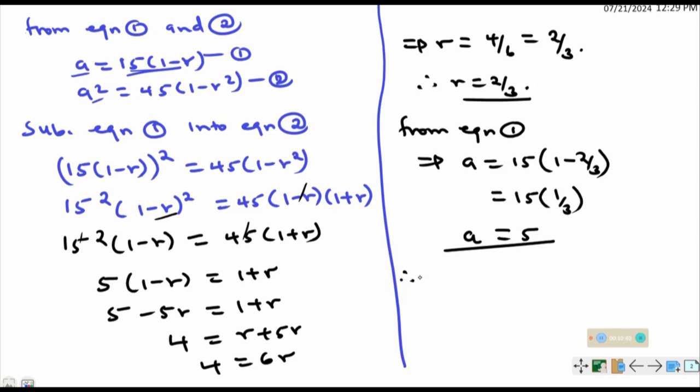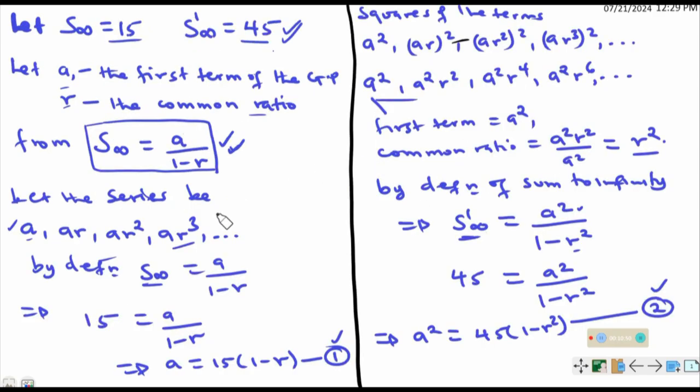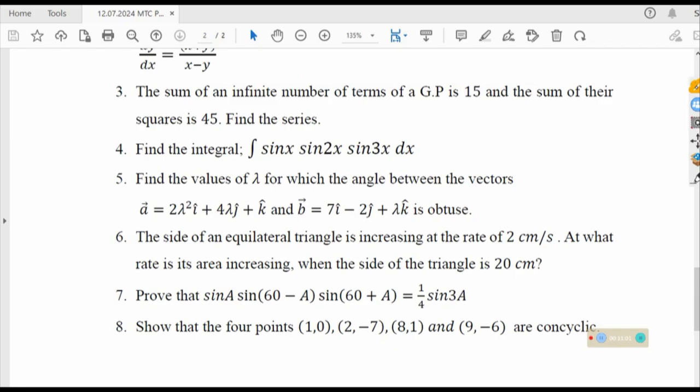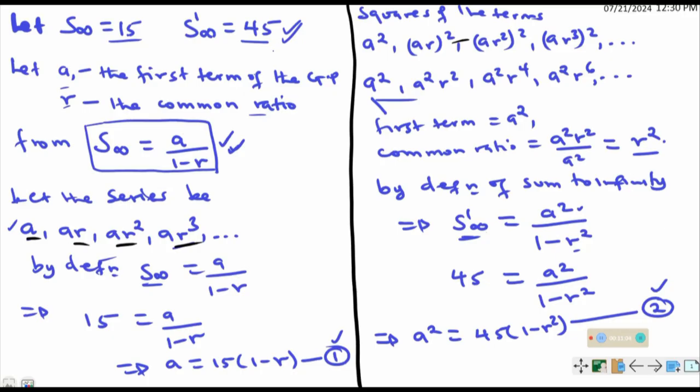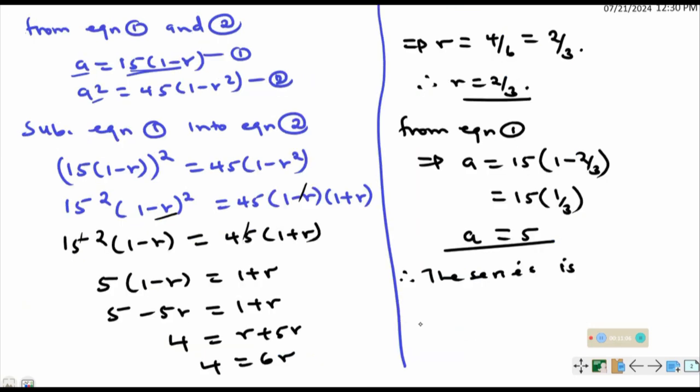So what will be the series? Therefore, the series is, recall that we had our series to be a, ar, ar squared, ar cubed. So we shall substitute for the values of a and r. So substituting for the values of a and r, what do we get? We shall have a, which is 5.